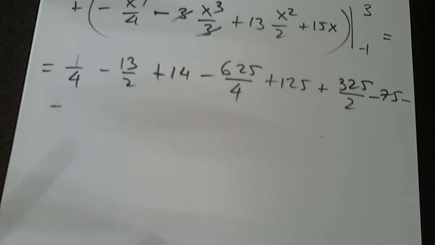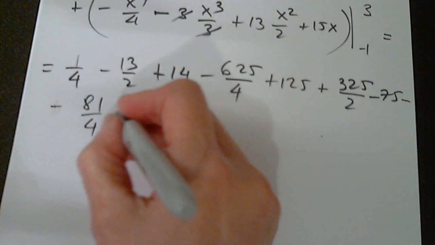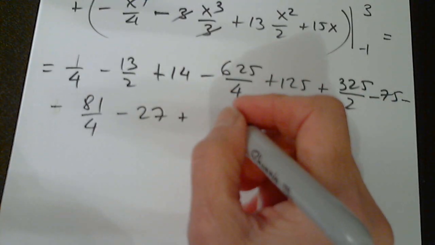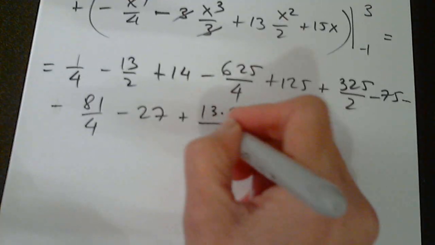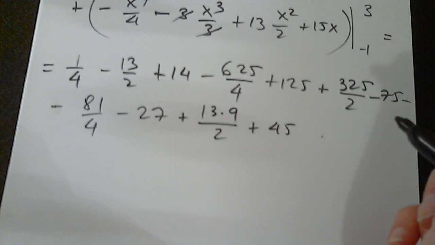Okay, so minus 81 over 4. Minus 27 plus 13 times 9 over 2 and plus 45.